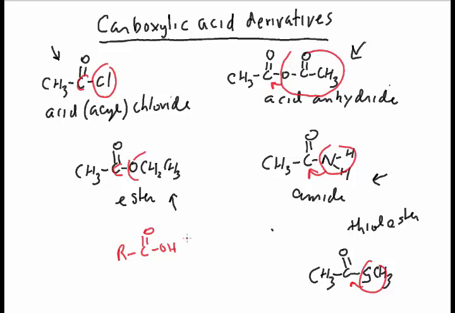Let me use a reaction we introduced before, PCl3. If you treat this with PCl3, the chlorine comes off and gets replaced by the heteroatom chlorine here. So the acyl chloride is derived from the parent carboxylic acid. So all of these derivatives can be prepared from, or they are derived from, a parent carboxylic acid.